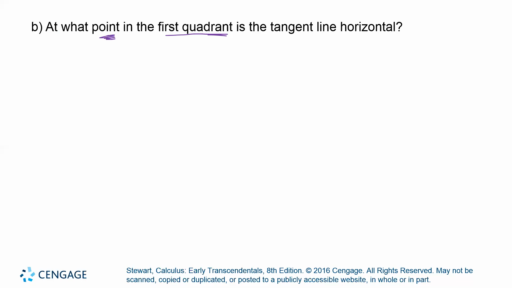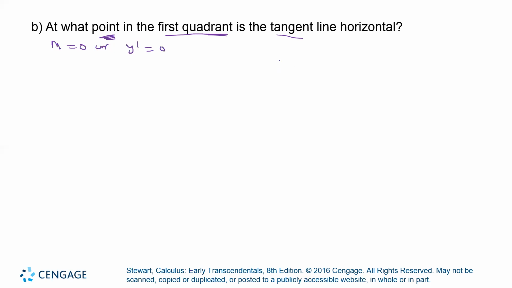Now we have our function, and then when the tangent is horizontal, it basically means that the slope m is equal to 0, or the y prime is equal to 0.